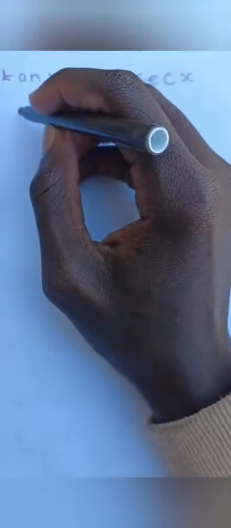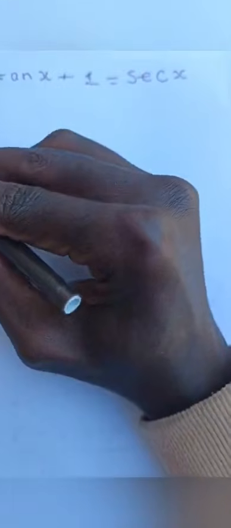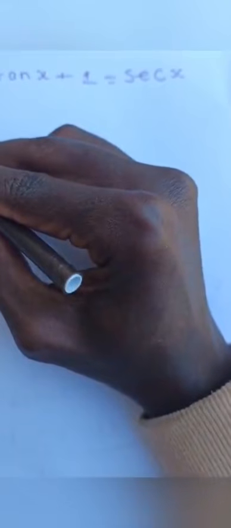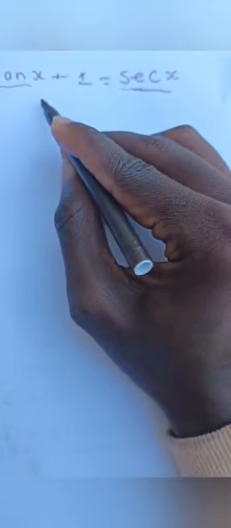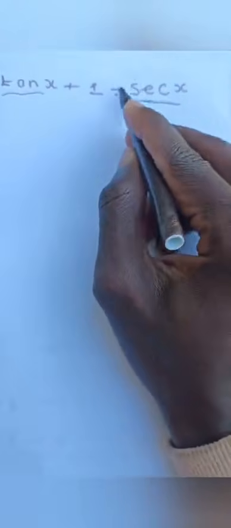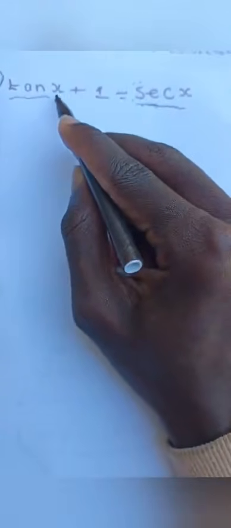All right. So we have a question here, question B. Solve for x. Like I told you, whenever you see an equation having these kinds of trigonometric functions like sec and tan, especially if tan is combined with a different function. If there was just tan alone in the whole function, we would have proceeded and solved.